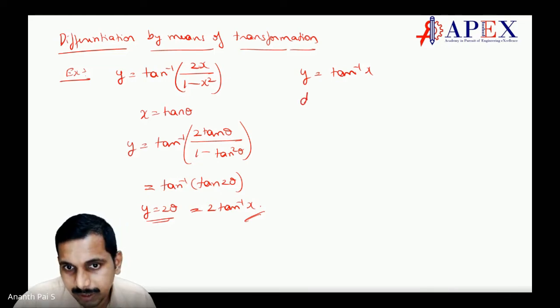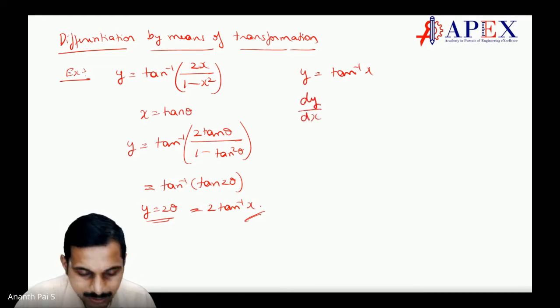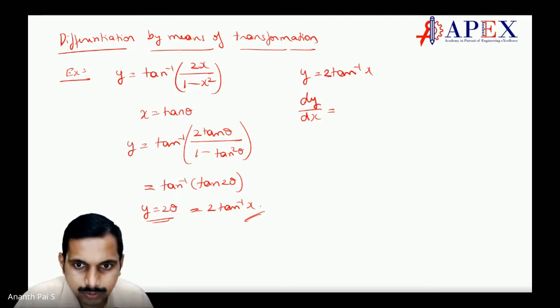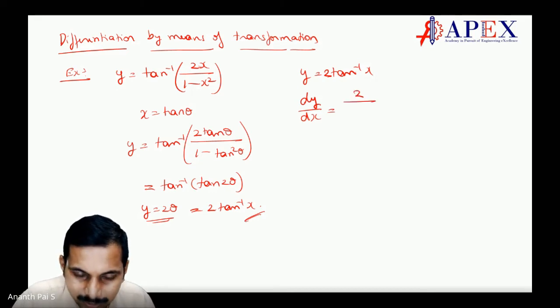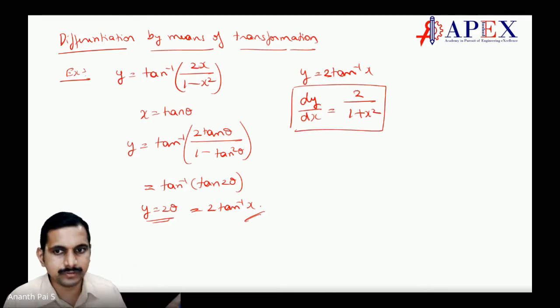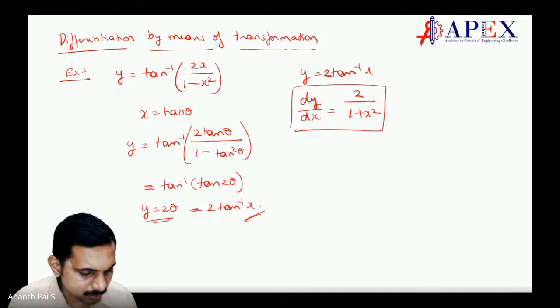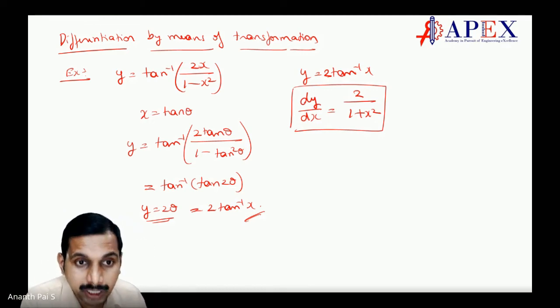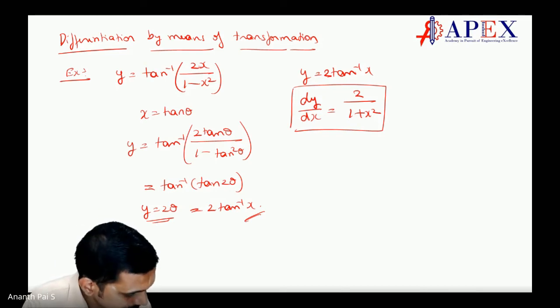So we can now do the dy by dx. It is 2 by 1 plus x squared. Makes sense, students? You need to know how to convert tan inverse. Differentiation of tan inverse x is 1 by 1 plus x squared. This way also, by substituting something by transformation, okay, we can get the answers. Easy.